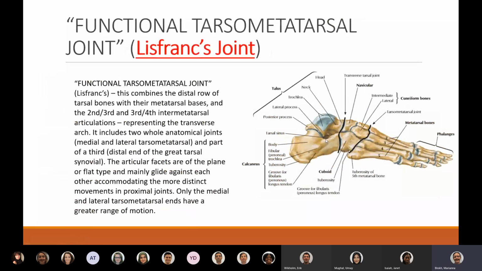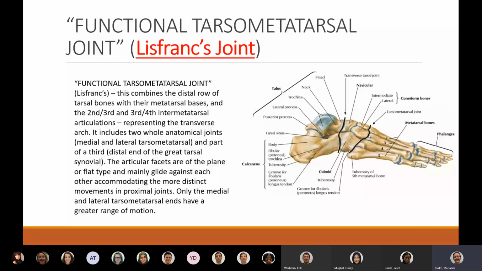Okay, guys, don't mix up Lisfranc's ligament and Lisfranc's joint. When we talk about trauma that occurs between the metatarsal bases and tarsal bones, sometimes the fracture or trauma occurs where the forefoot, or basically the metatarsals, are shifted off the rest of the foot, and that's what we call a Lisfranc's joint injury.